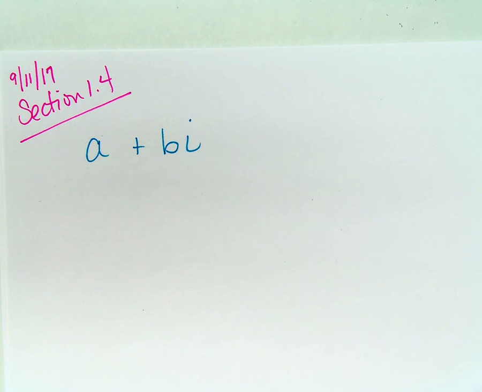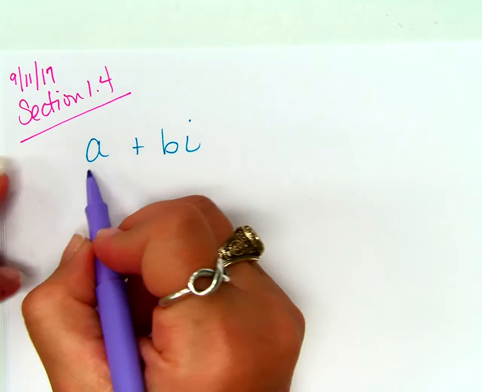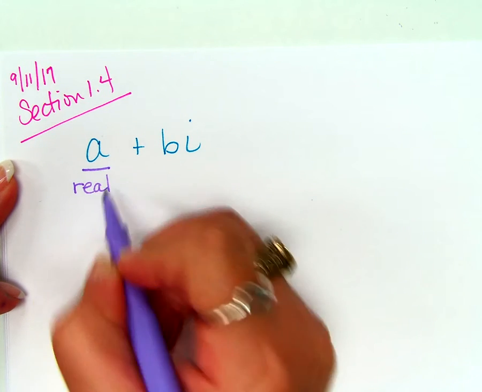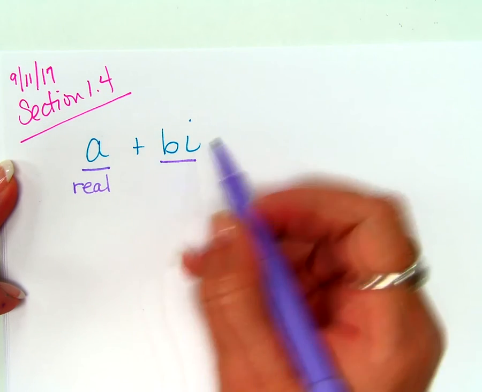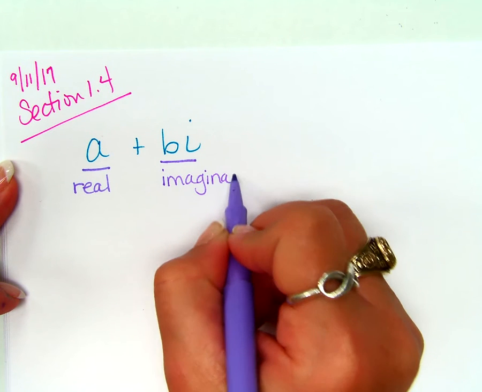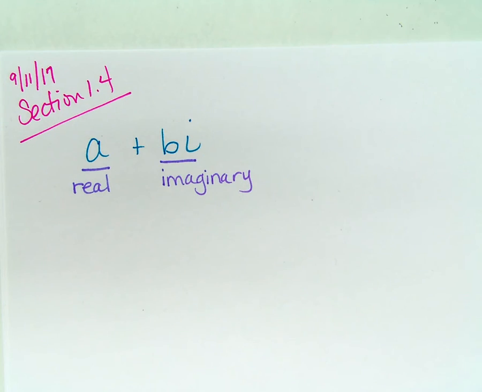They're letters. The imaginary number? Yep. What part is this? That's the real part. What's this part? This is the imaginary part. Okay? What makes it the imaginary part? I. It has the I in it.